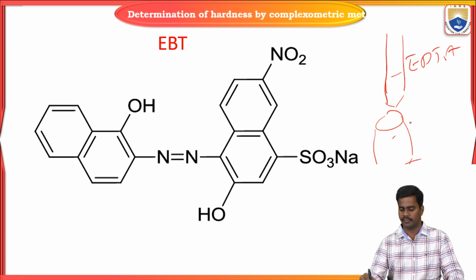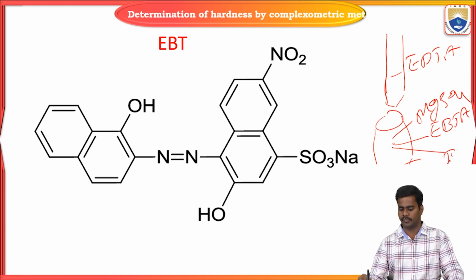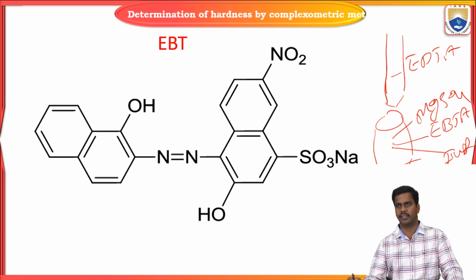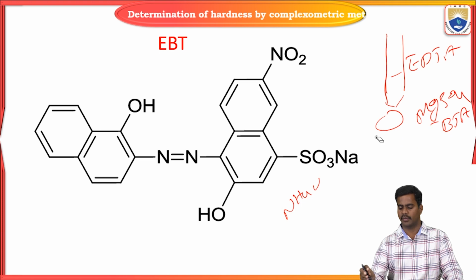To this, add a few ml of EBT indicator and 2-3 drops of buffer solution, that is NH4OH and NH4Cl. We have to add these to the conical flask.